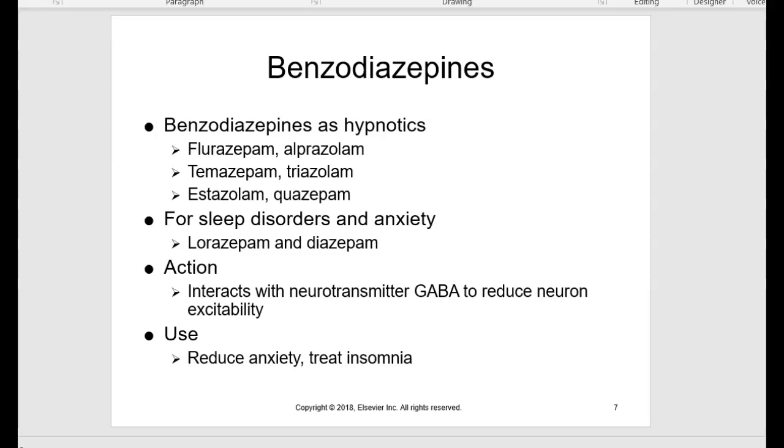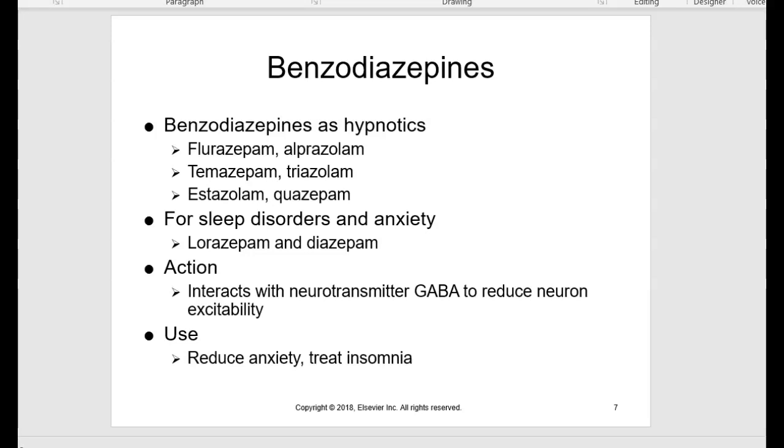If you look at the benzodiazepines listed there, your prototype is alprazolam, brand name is Xanax, if you want to try and link it together and remember what it does. Alprazolam is your prototype drug on 235, but you can see that all the benzos end in LAM or PAM. So if you see a drug that's ending in LAM or PAM, you should immediately be thinking that it's most likely a benzo, and you know what benzos do.